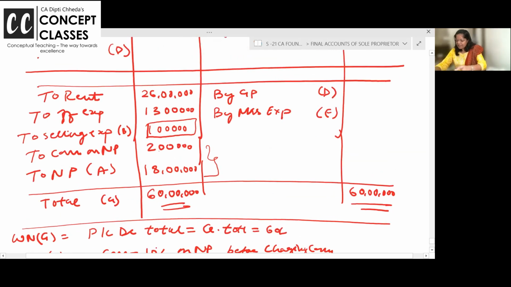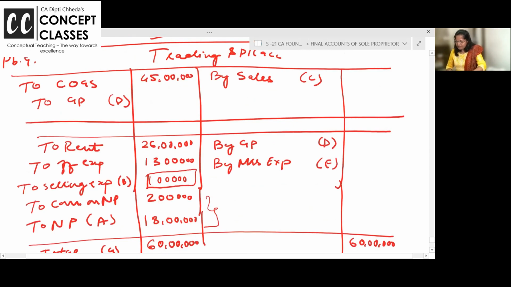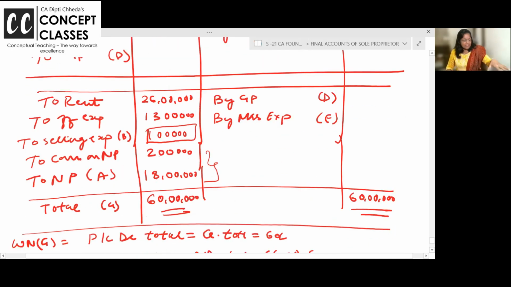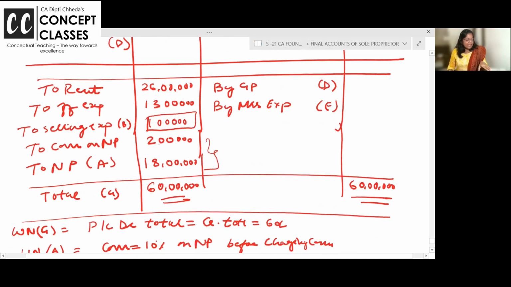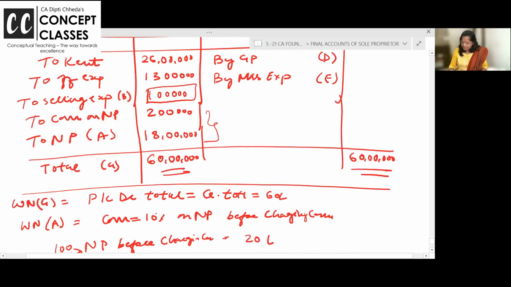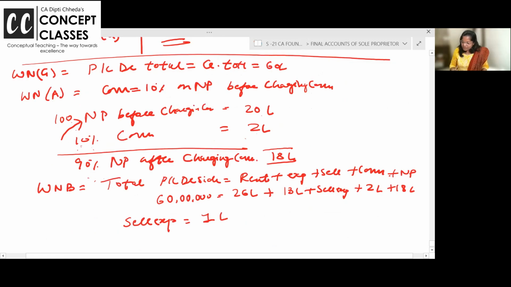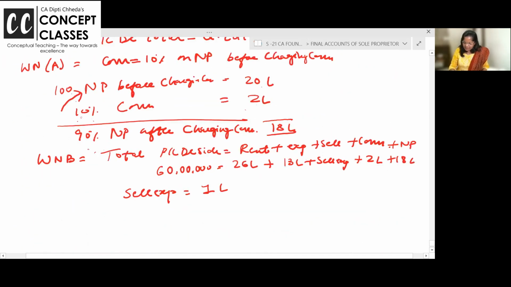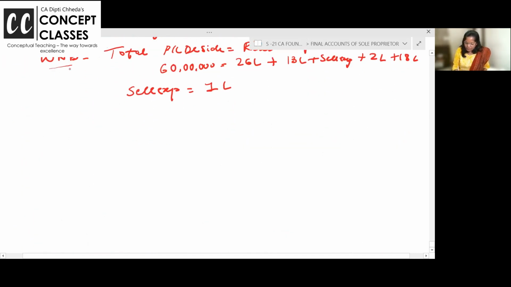Now on the credit side, we need two figures. We need GP also, we need miscellaneous expenses. But they have given selling expenses is 1% of the sales. So can I get the sales figure? Yes. Now after working note B, I am doing working note C. Sales into 1% is equal to selling expenses.